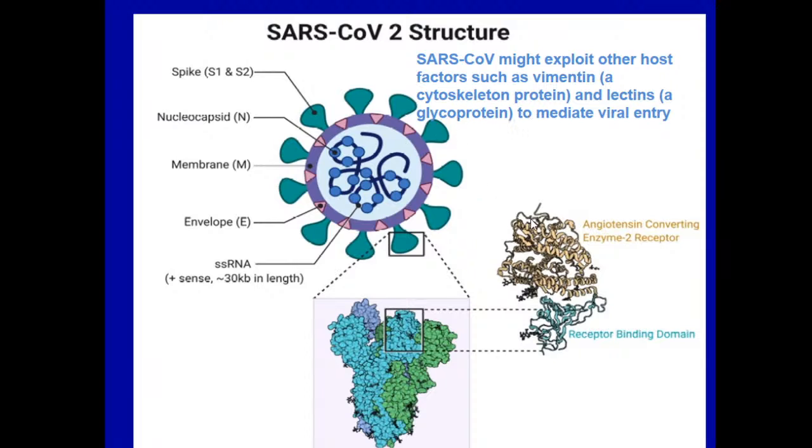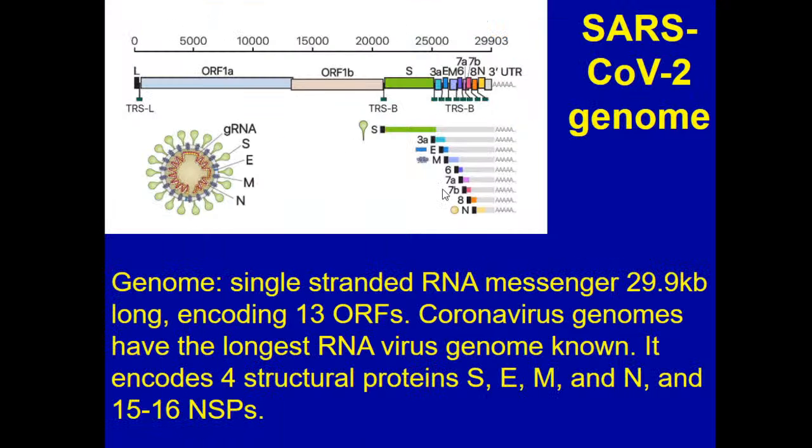I said that ACE2 is the principal receptor for SARS-CoV-2, but then apart from this receptor, we believe now that it may enter through a cytoskeleton protein vimentin and lectins as glycoproteins into these cells. So some alternative.